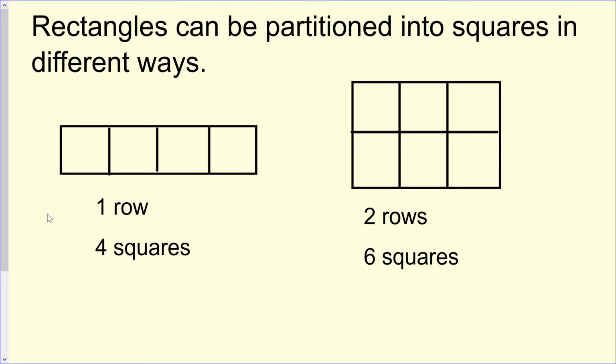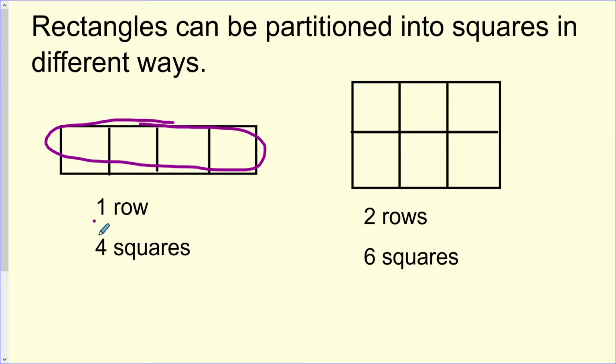So let's look at some rectangles that have been partitioned or divided into squares in different ways. When I look at this long rectangle, it's been divided into 4 squares. It has 1 row. When I talk about a row, I'm talking about the side to side, right? So the ones that go across, those are your rows.